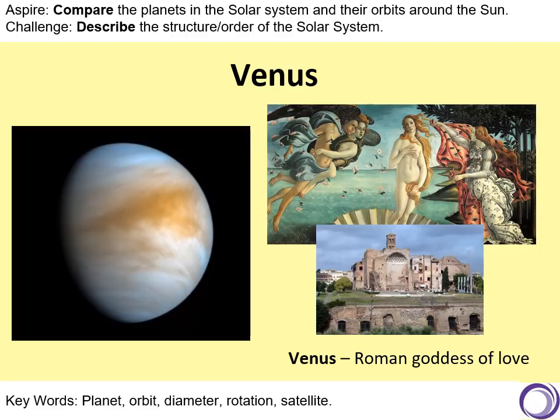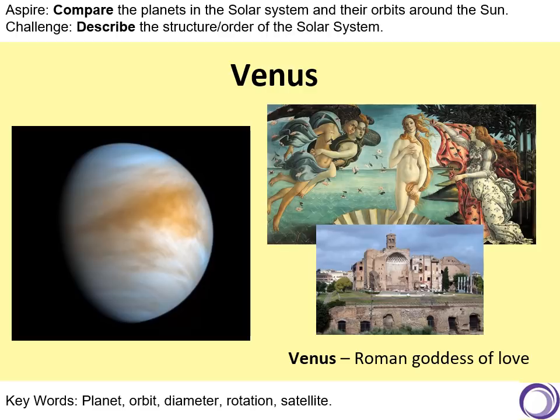Now here's an interesting fact. I said before that it takes 24 hours for the Earth to rotate on its axis and for a day to be complete. It takes Venus 242 Earth days for a Venus day to complete. So just think about that.